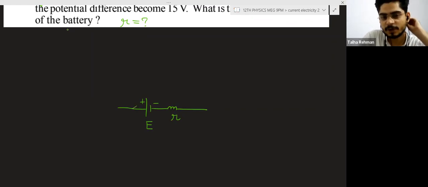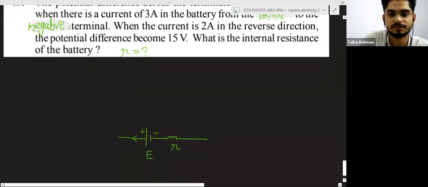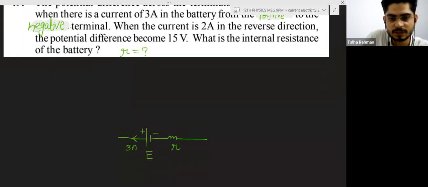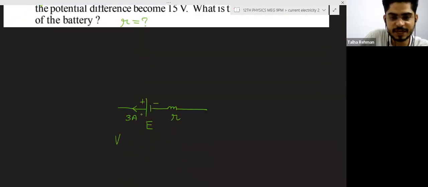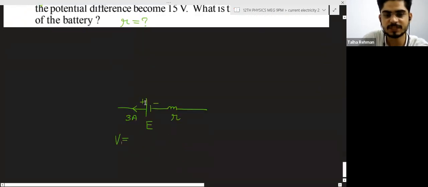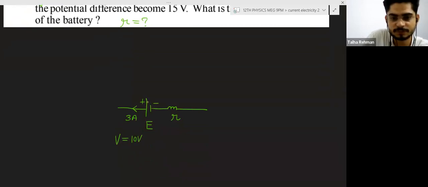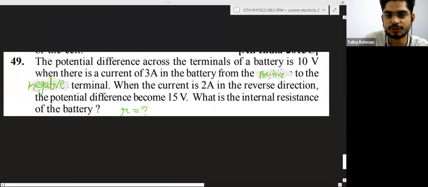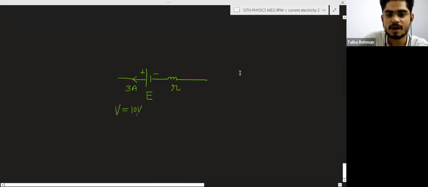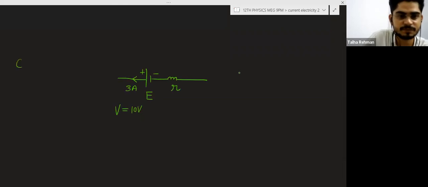And if the current is flowing from positive to negative, then the value of current is 3 ampere, and the potential difference between these terminals is given as 10 volt. You can see in the question. This is the first condition given in the question.